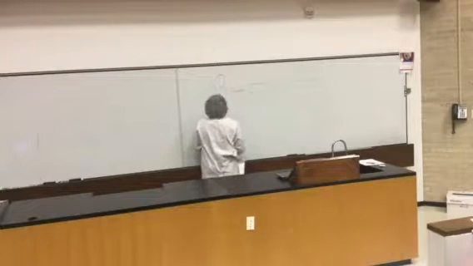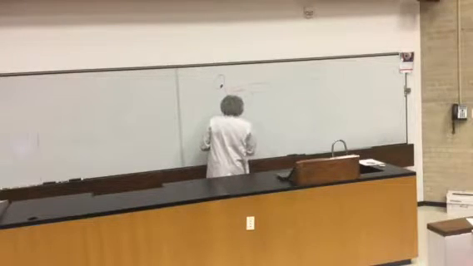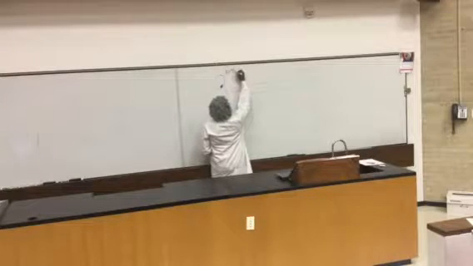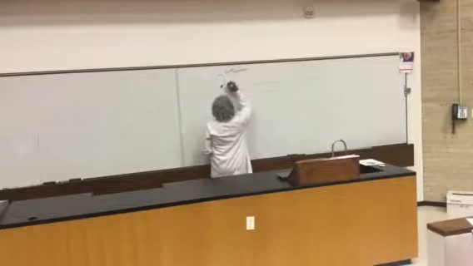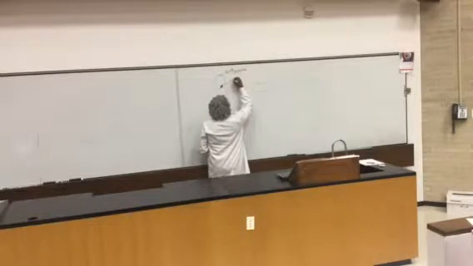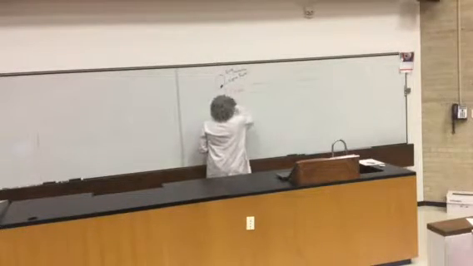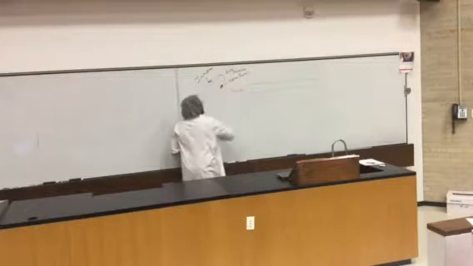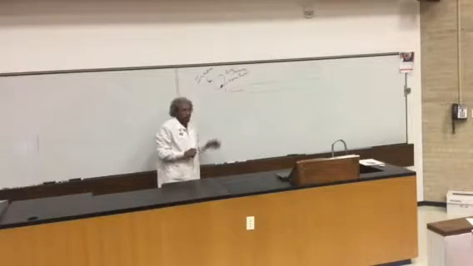And RNA polymerase contains a sigma factor. So this is RNA polymerase. This is your sigma factor. And so this first step is going to be your initiation. And so your RNA polymerase with the sigma factor recognizes the promoter.